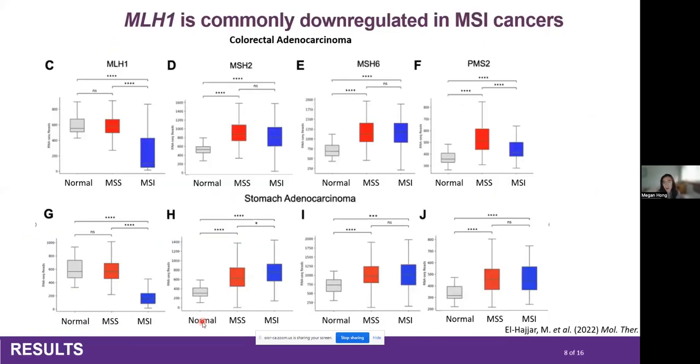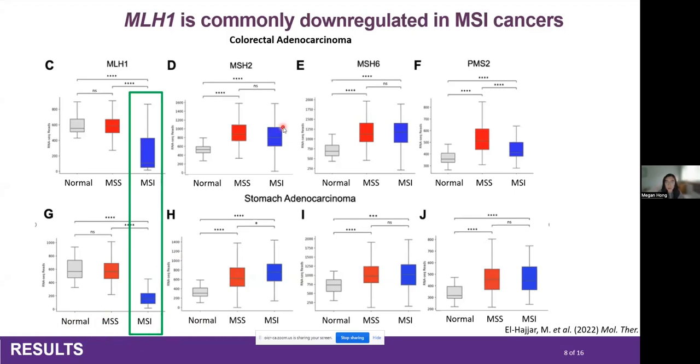So using the RNA-seq data that is available in the TCGA database, we looked at the expression of several mismatch repair genes in colorectal and stomach adenocarcinoma samples. We found that MLH1 was consistently downregulated in microsatellite unstable samples compared to microsatellite stable and normal healthy samples.